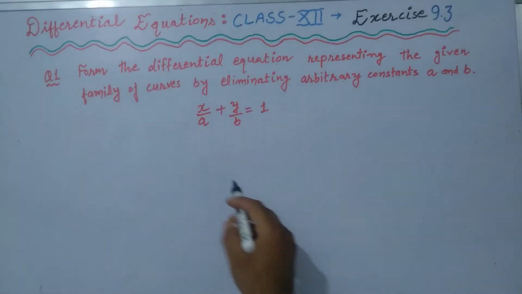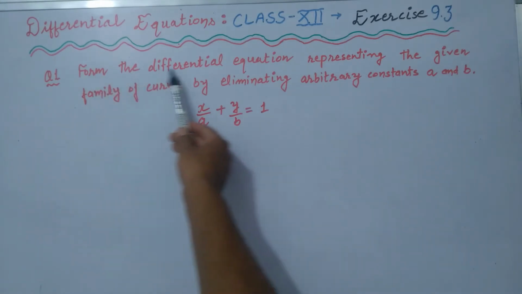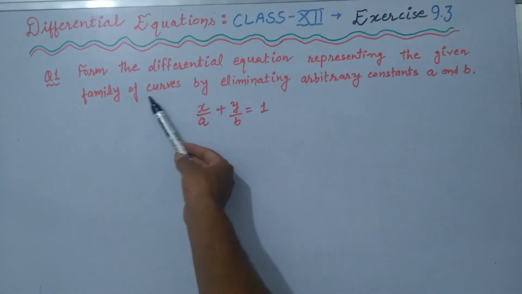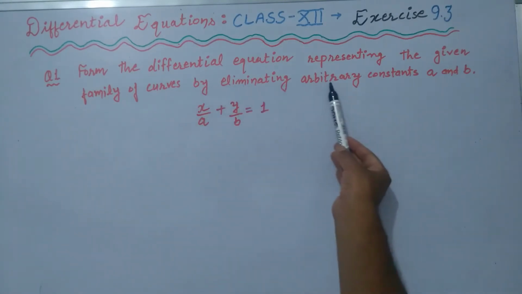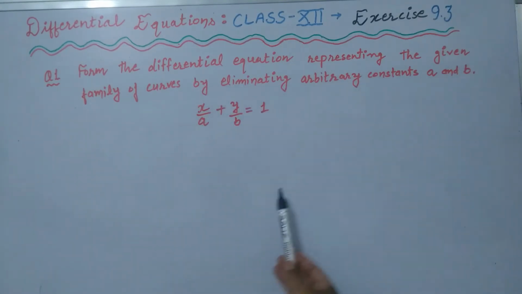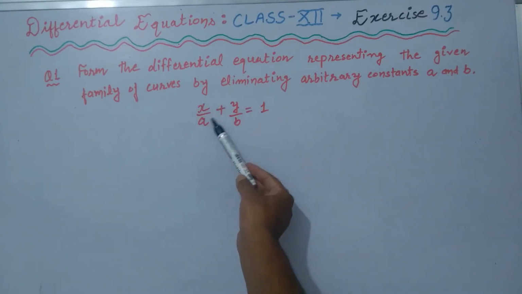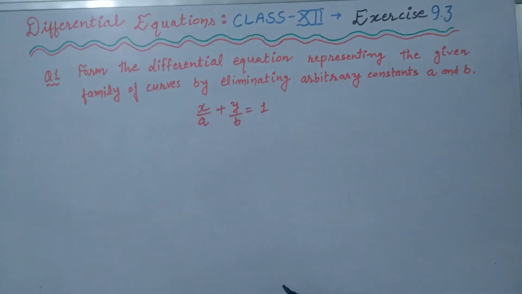The very first question: form the differential equation representing the given family of curves by eliminating arbitrary constants a and b. This is the given family of curves: x upon a plus y upon b is equal to 1.